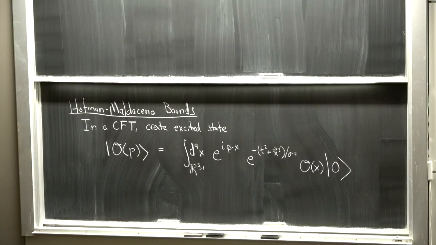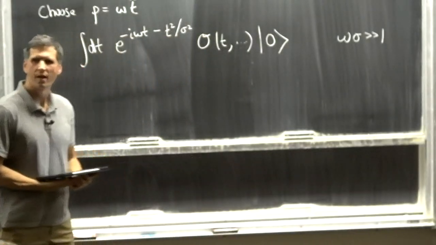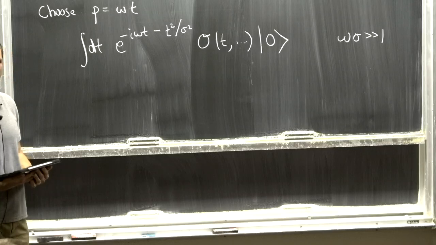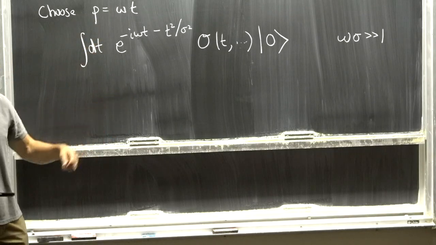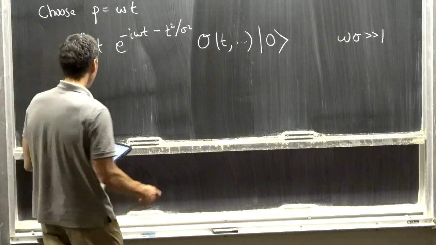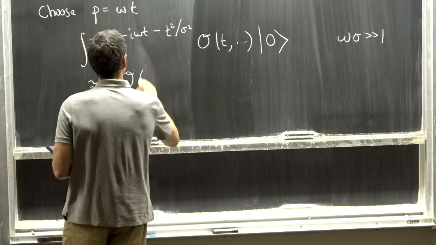This integral you can do if you take omega sigma much bigger than 1. The intuition for that is that we're trying to make a wave packet, and this condition tells you that you have a wave packet with a broad envelope and lots of wiggles inside your wave packet. And under this condition, you can do this integral by saddle point and just plug in the saddle.